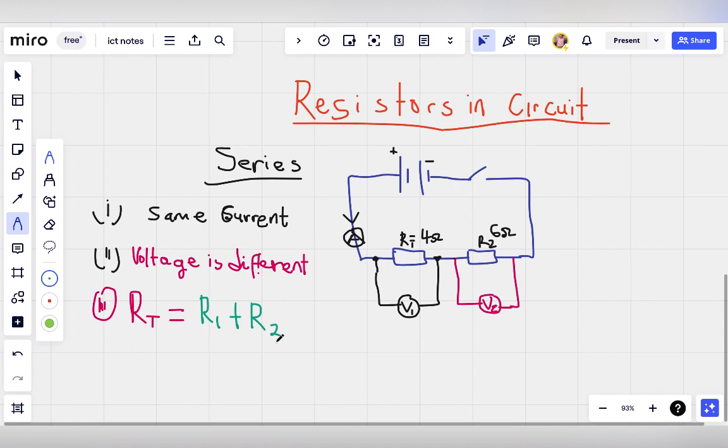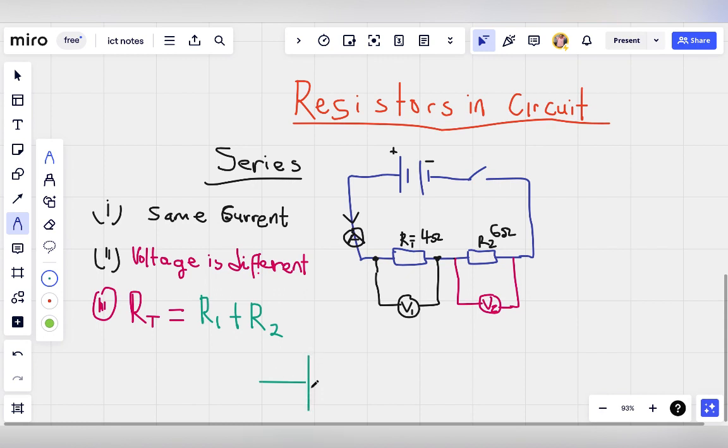Now let's quickly take resistors in parallel. Similarly, if you arrange cells in series, you also add their voltages V1, V2, V3.